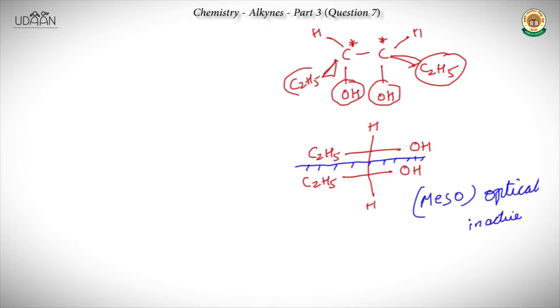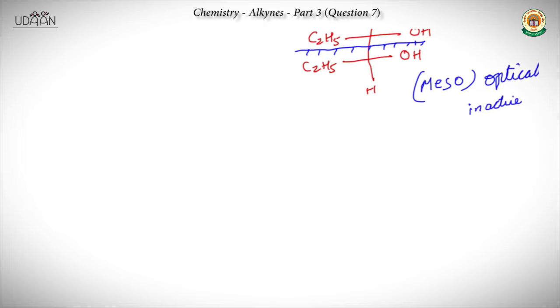Now, at this point, we want to give you a shortcut. This shortcut is regarding addition reactions of alkenes, basically to an unsymmetrical alkene, an alkene which is bonded to different groups.